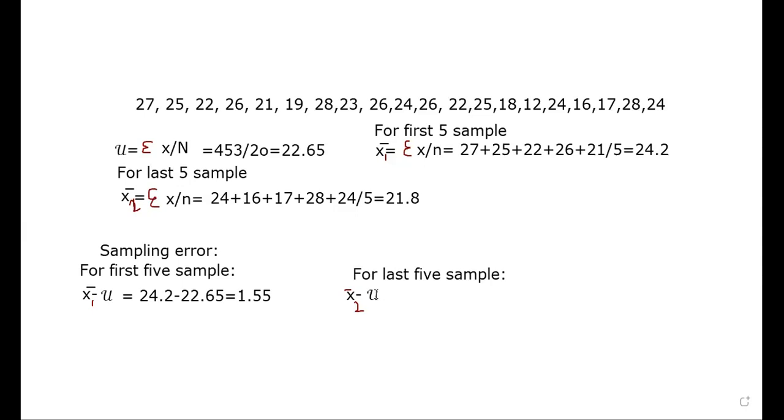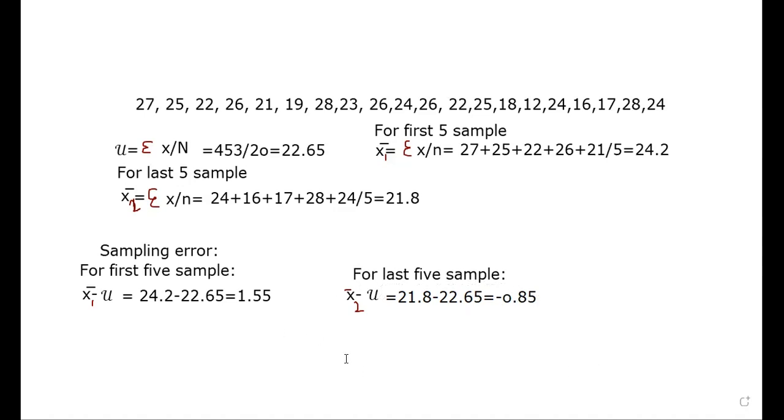So right now we should put the value. It can be positive or negative. 21.8 minus 22.65. So the sampling error should be 21.8 minus 22.65, which is minus 0.85. So this is our sampling error.